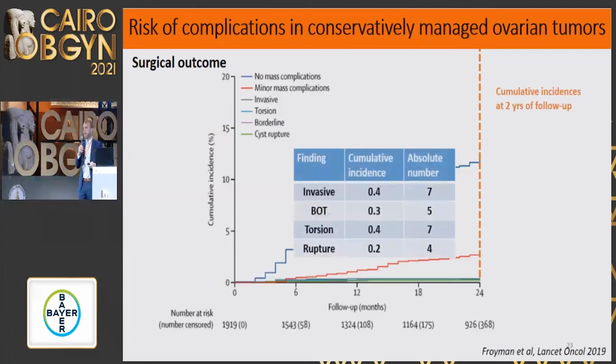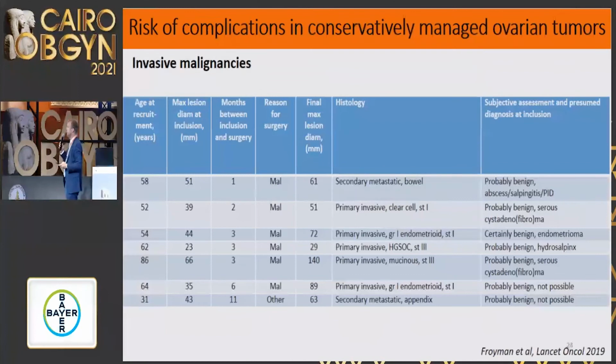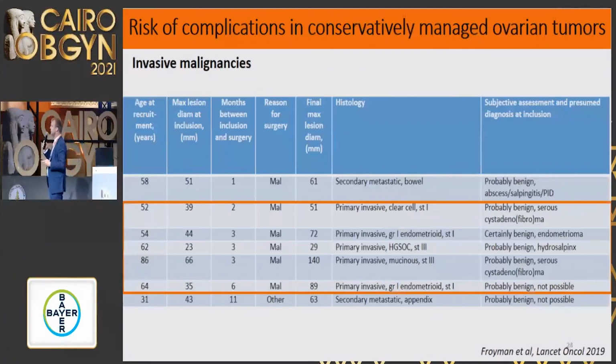But then it's also very important to look at what type of malignancies and why there were malignancies. So these are patients that had a malignant outcome. There were 7, and 5 of them had primary invasive ovarian cancers, and there were 2 secondary metastatic lesions. But if you look at it, there was a very small time period between their recruitment in the study and their surgery.